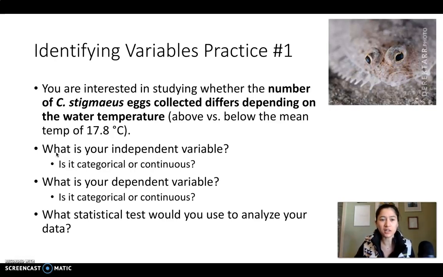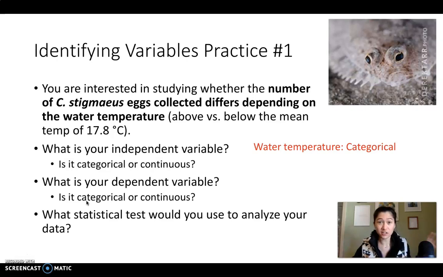Okay, let's start with the independent variable. So in this case, the independent variable would be the water temperature. So that's the thing we're trying to figure out if that affects our dependent variable. And we'll get to that in the next part. So in this case, we are using water temperature as our independent variable. And in this case, our water temperature is considered categorical.